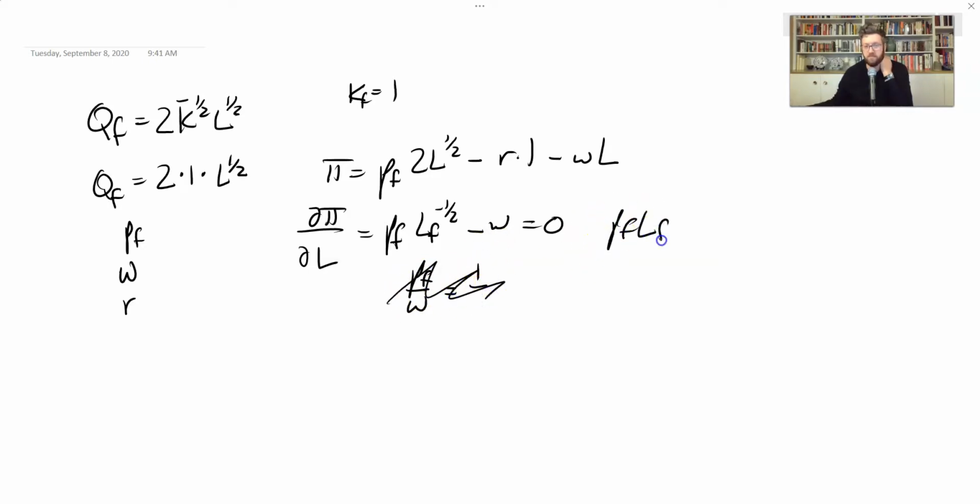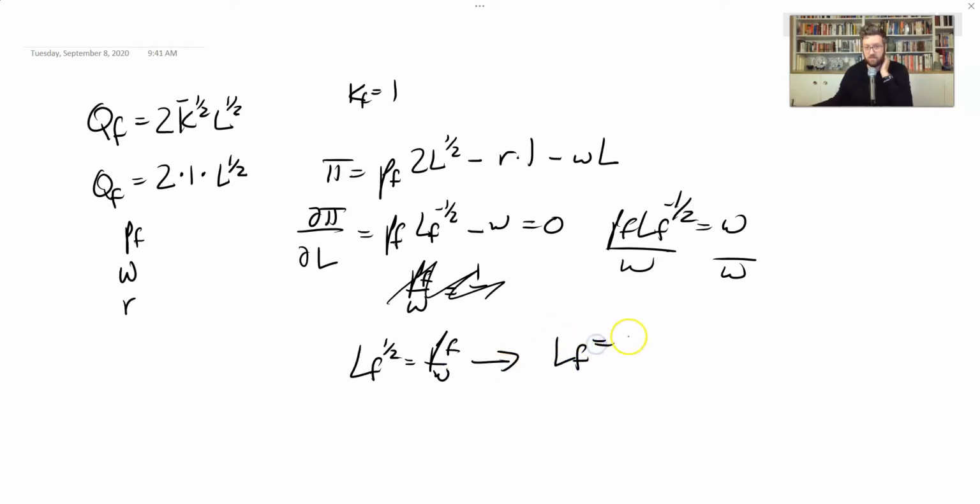P_F times L_F to the negative 1/2 is equal to W. Divide everything by W, multiply everything by L_F to the 1/2, and we get L_F to the 1/2 is equal to P_F over W, or L_F is equal to P_F over W squared, because we square both sides to get rid of the 1/2 term.